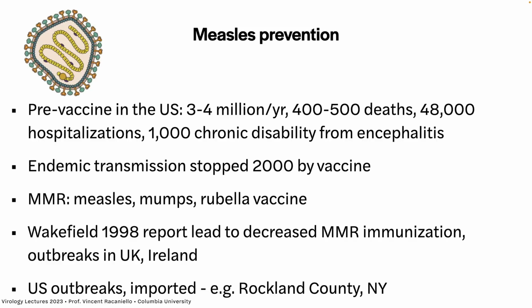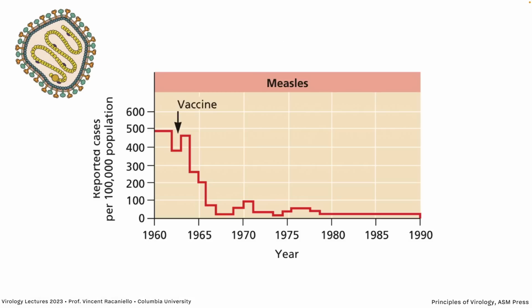And so lots of outbreaks in the UK and England, and those viruses get imported to the US, and they cause outbreaks in communities that don't immunize. So Rockland County, where there was a case of polio last summer, they don't like to vaccinate, and they have outbreaks of measles regularly.